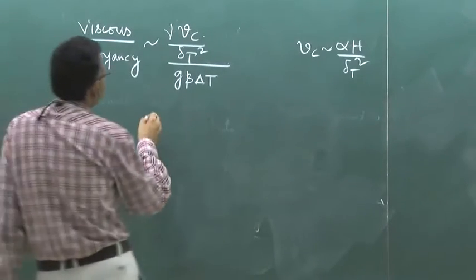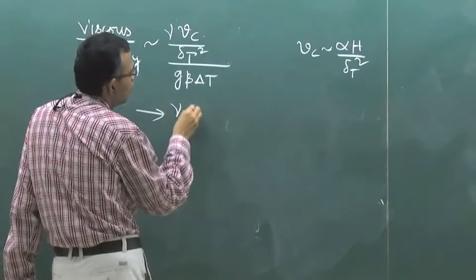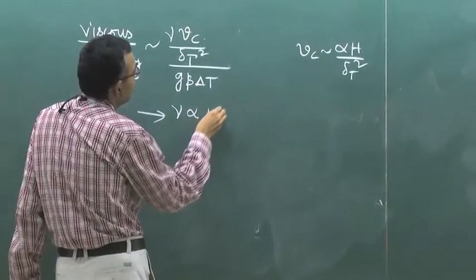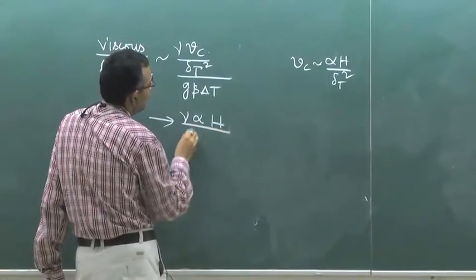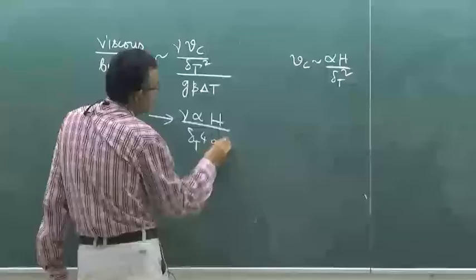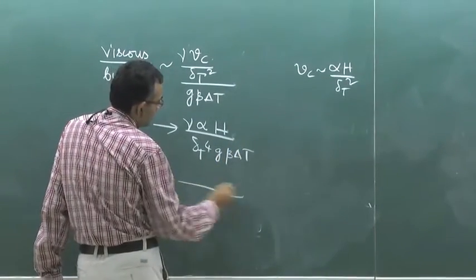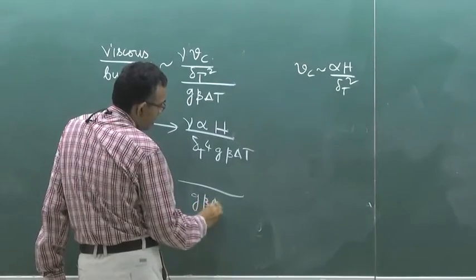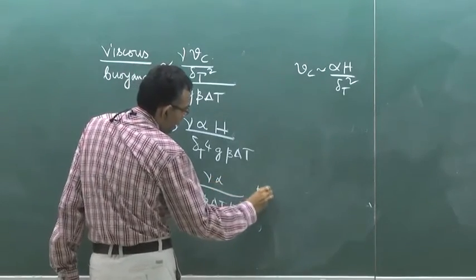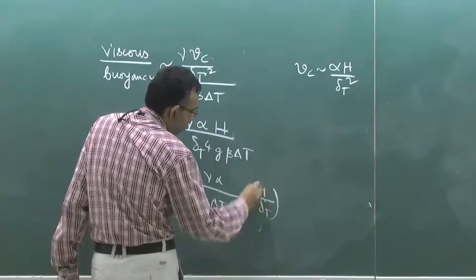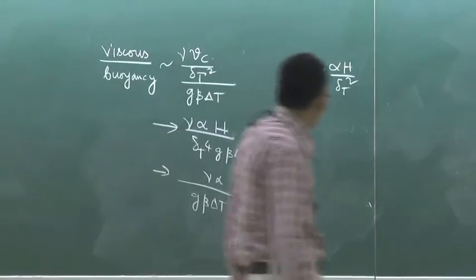So this is nu into alpha into H by delta T to the power 4 G beta delta T. So this you can write as G beta delta T H cube by nu alpha into H by delta T to the power 4, right.